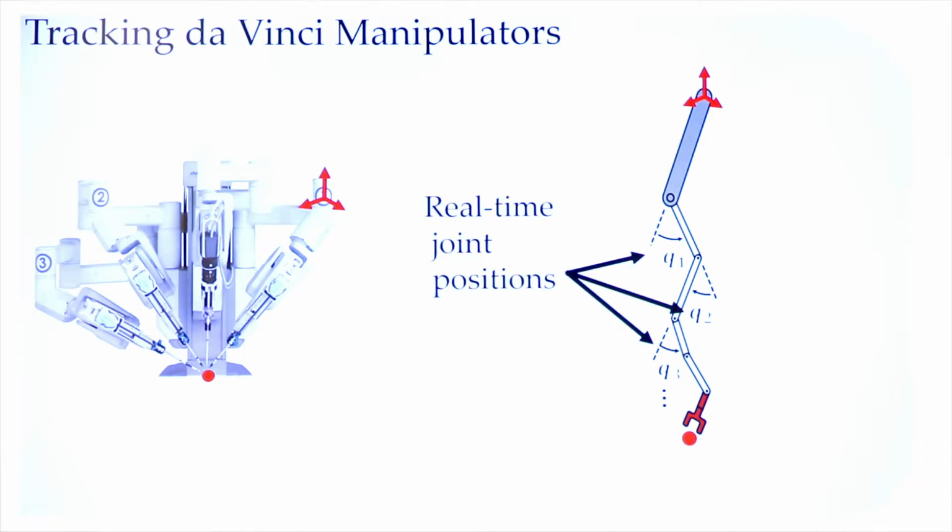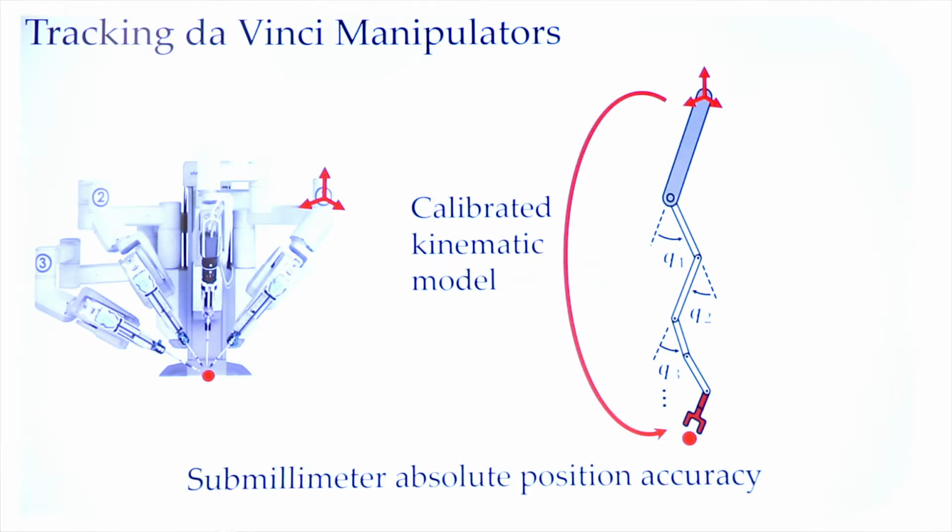Through a collaboration with Intuitive, we're able to use the Da Vinci API to track the joint positions of the robot in real time, and then we use a calibrated kinematic model to achieve sub-millimeter positioning accuracy, so we can predict the location of the Da Vinci manipulators with sub-millimeter precision. I don't have time today to talk about our calibration method, but if you would like to hear more about it, I would encourage you to come speak to me at the poster session later.